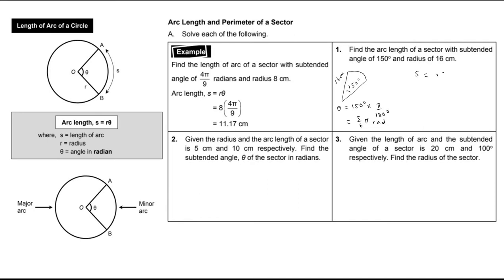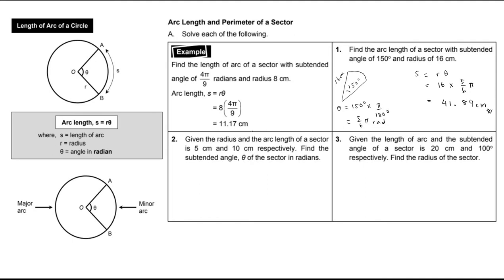The formula S equal to r theta, given the radius is 16 cm, and theta is 5 over 6 pi. Use your calculator and make sure that the mode is in radian, and you should get 41.89 cm as the answer.